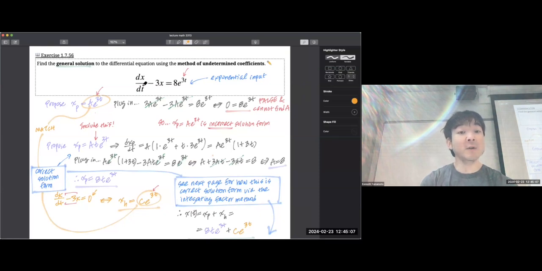This one was first order, so you just can say, okay, you have -3 here, so then it's going to be c e to the positive 3t. But if you look at that, C e to the positive 3t, A e to the positive 3t, those also matched. And so there was no hope for this particular solution to satisfy this differential equation because it satisfies the homogeneous solution. And so I kind of mentioned that back then as well.